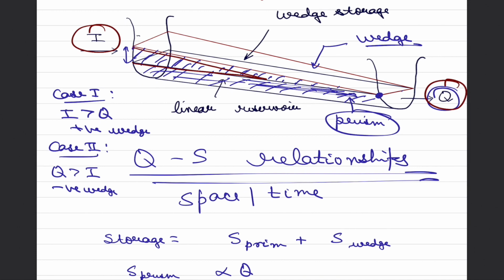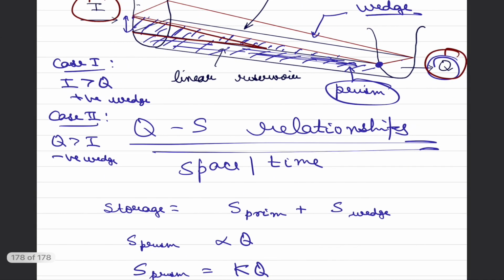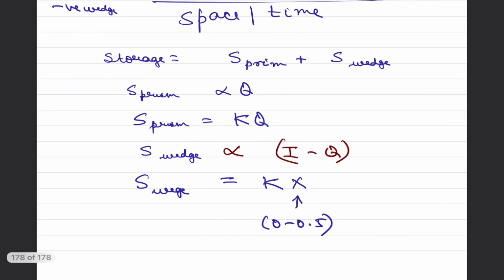On the other hand, if our value of X is equal to 0.5, we would have a complete wedge formation which starts at the beginning of the channel section, and gradually its height or depth varies to 0 as we reach the end of the channel section that we are studying. And in general, the value of X would lie around 0.2 to 0.3 in most realistic settings, but 0 to 0.5 are the values it can take in extreme cases.